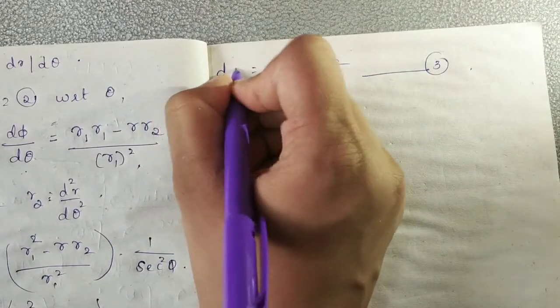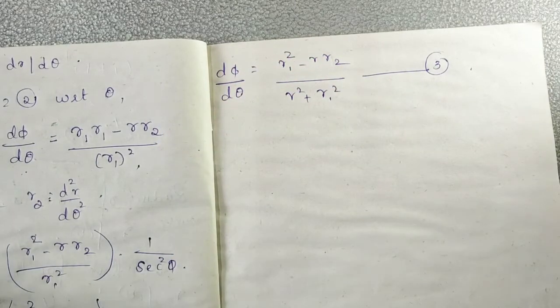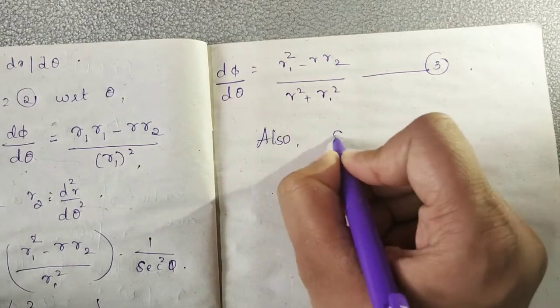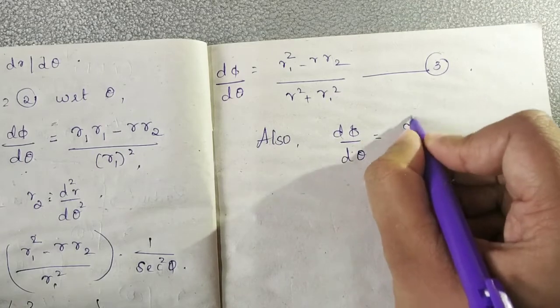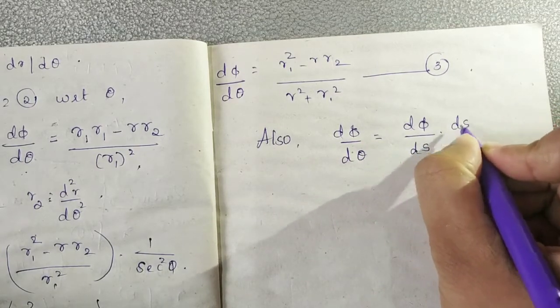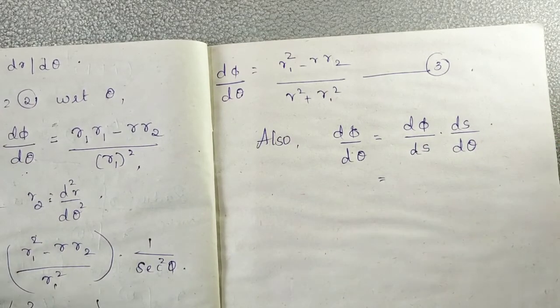In the left hand side we have d phi by d theta. Also, d phi by d theta will be equal to, as usual, we can write d phi by ds into ds by d theta, where s is the length of the arc.